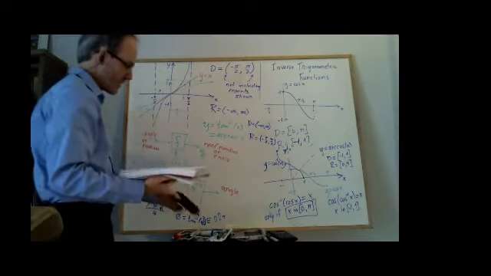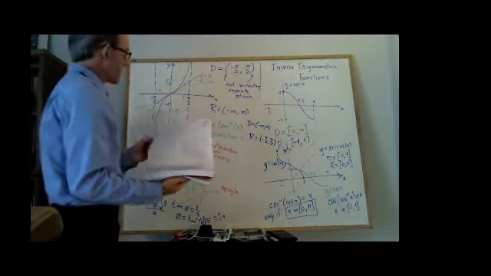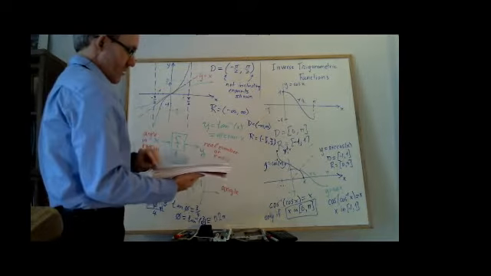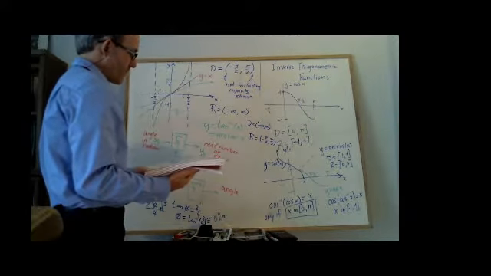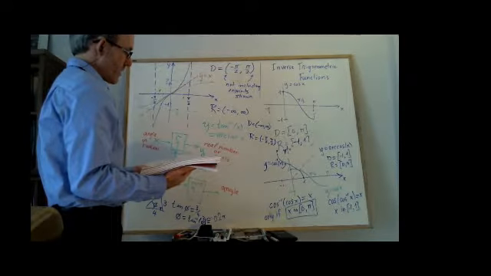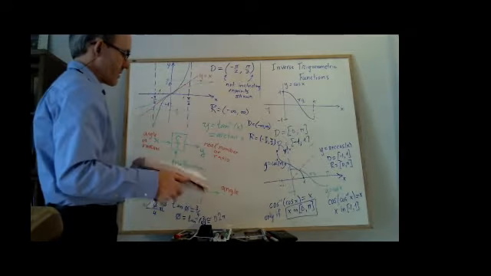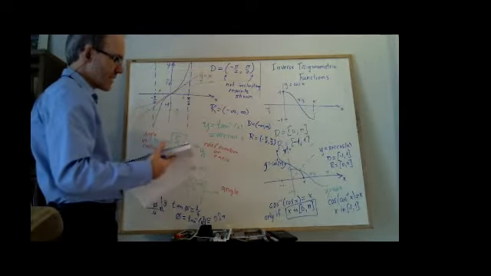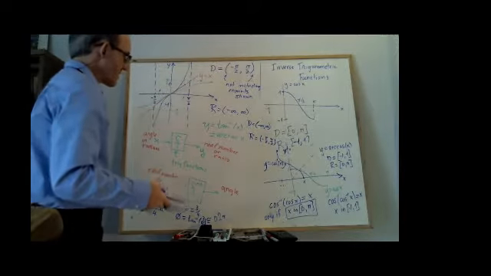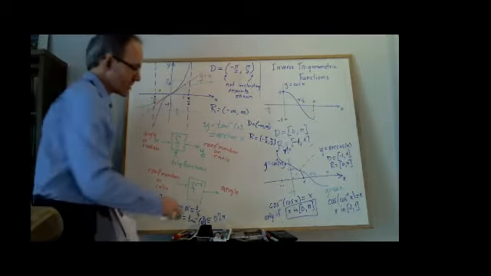All right, so I've shown the graphs of these inverse trig functions, and let's look at the so-called special angles. So now let's look at evaluations of the inverse trigonometric functions.